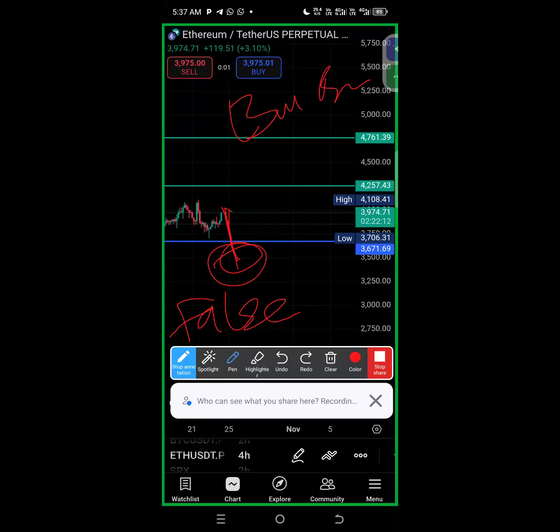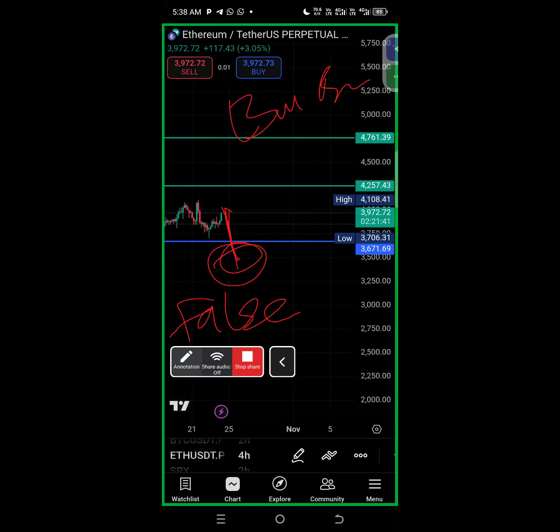So drawing support and resistance does not mean that once you've drawn the support and resistance, you automatically enter. You are waiting for price to react towards that zone, respond to it massively. And once price responds to it, that is when you could clearly say that, okay, since price has reacted to my zones, I can proceed to make entries.